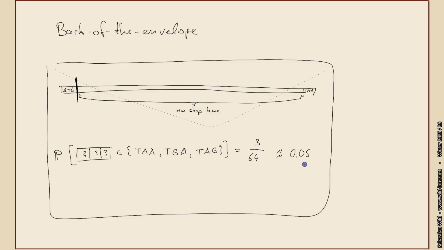So maybe around 20 codons. Another way to say it is if you look at the codons, out of 64 codons, 3 are stop. So that's the same thing again.